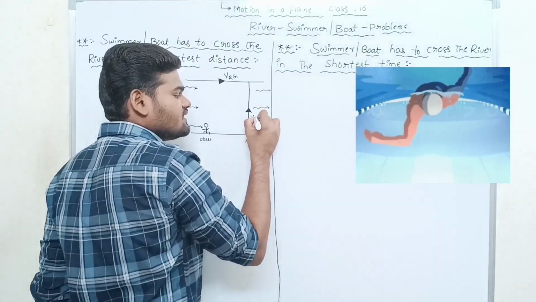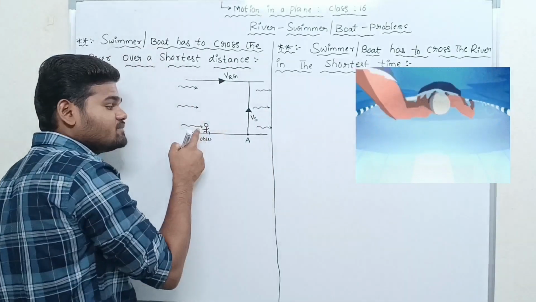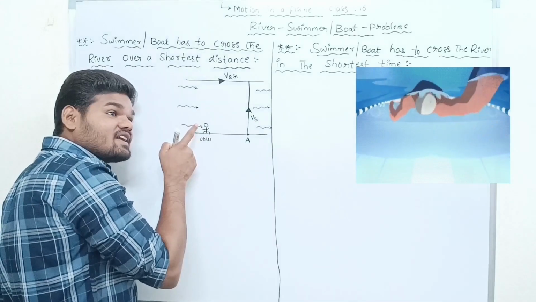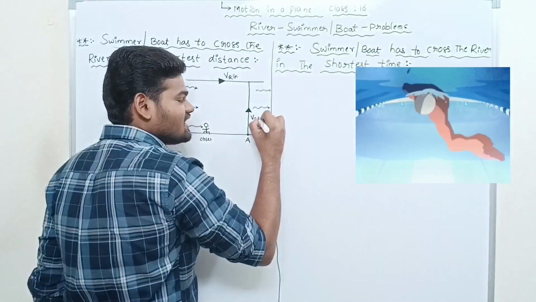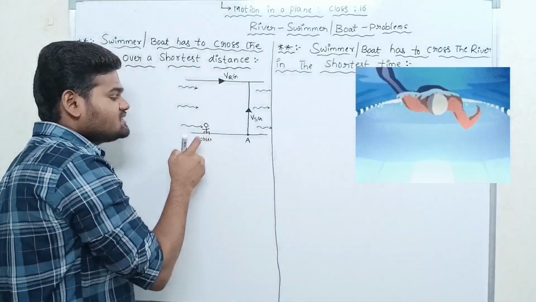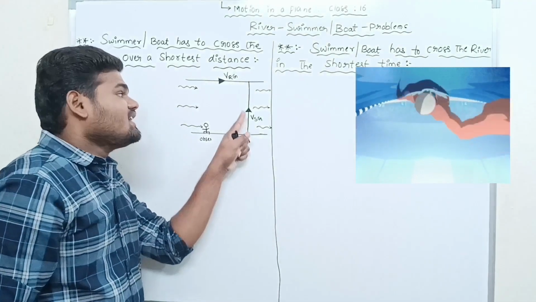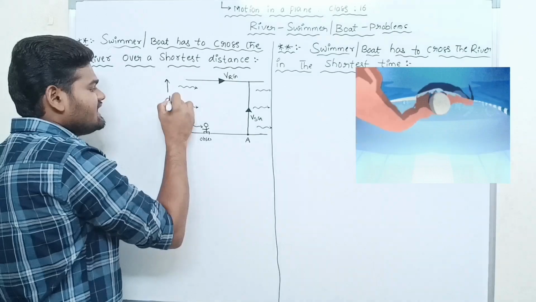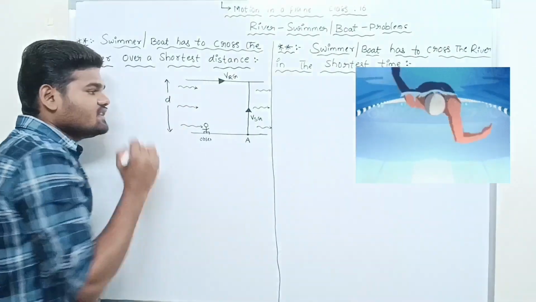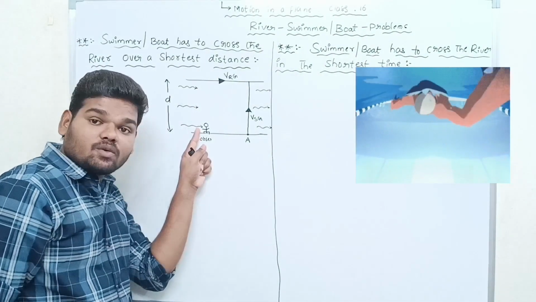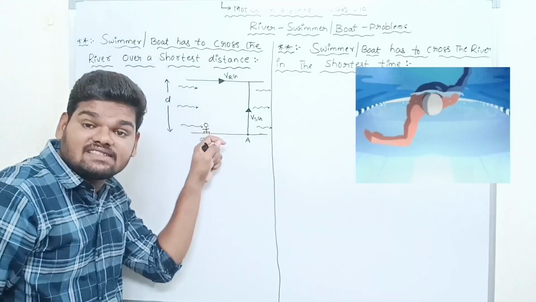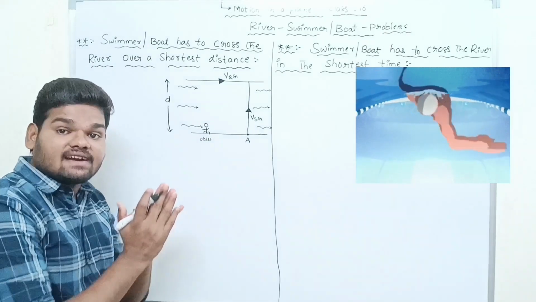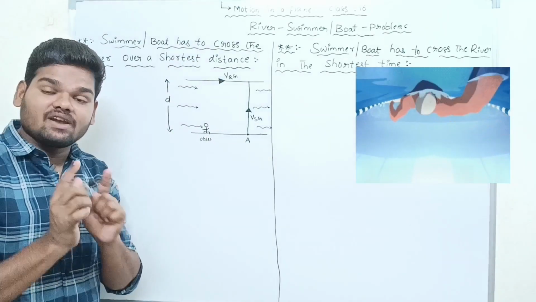Velocity of swimmer with respect to observer. Observer is nothing but S frame, earth frame, ground frame. Velocity of swimmer with respect to observer is along the shortest path. Let us consider the width of the river, say D. D be the width of the river. With respect to the observer, whatever the path of the swimmer is, it looks like a straight line path. Are you getting?